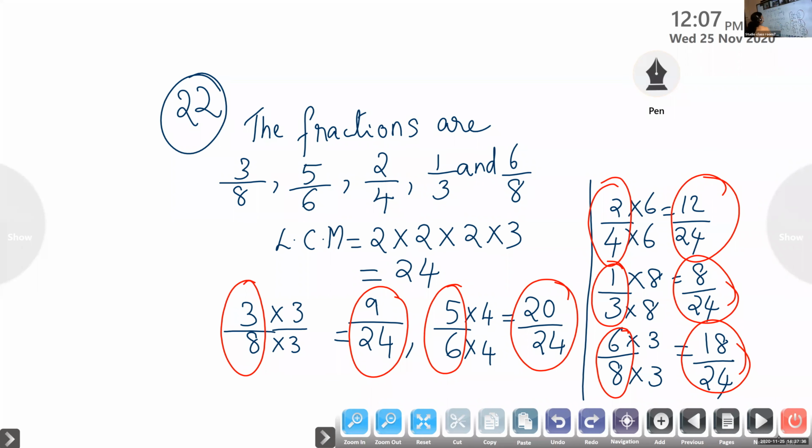So which numerator is big here? 20 by 24. So we will start with 20 by 24, the greatest one. Which is the next one? So after 20, which one do we have to write? 18 by 24.